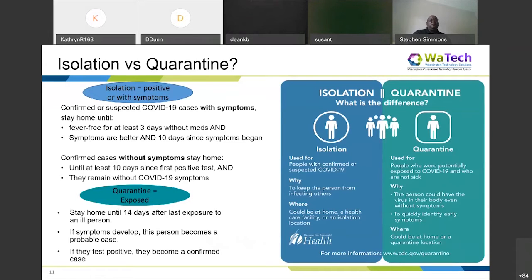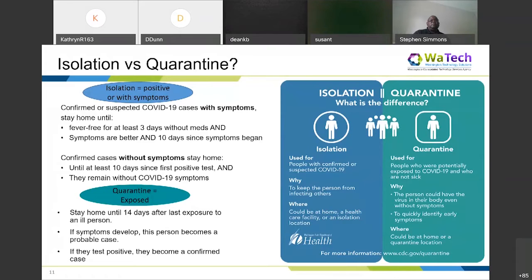So the next slide, I have a little bit more information about what people are told in terms of isolation and quarantine. So if you actually have a confirmed case, which is when you're told to isolate, you have to be fever-free at least 3 days without medications, and then not display symptoms for 10 days since the symptoms began.